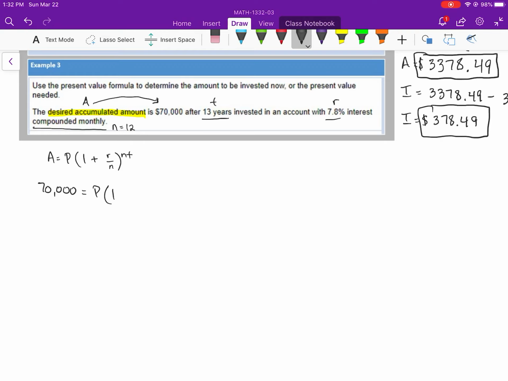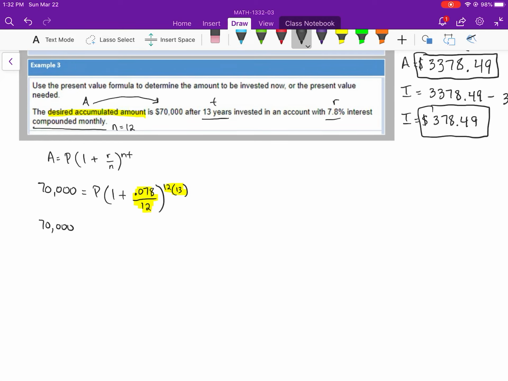equals P, okay, which I don't know, times 1 plus my rate is 7.8, so we need to do 0.078. Don't forget, move it over twice. Twice is always the magic number. Divided by 12. And we're going to take that to the 12 times 13 power. Okay, N times T. All right, again, I'm going to take my highlighter here. I'm going to go ahead and solve that fraction and that exponent as well.